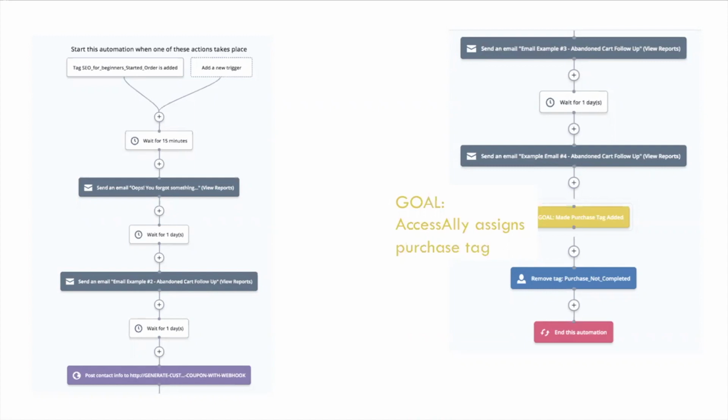So what happens is AccessAlly here assigns a tag. This is an example from a demo website that I own. So it's a tag that somebody ordered this course, or started ordering, and then we wait for 15 minutes.